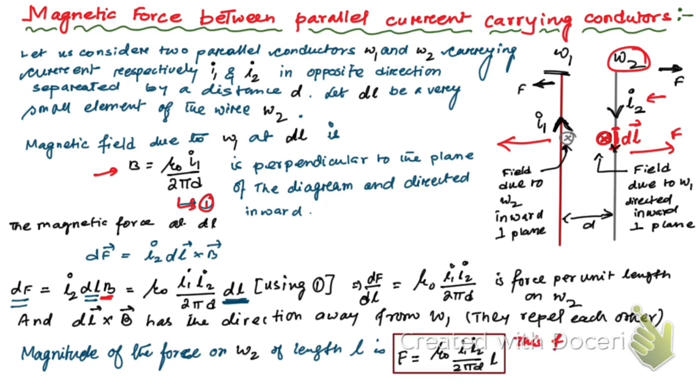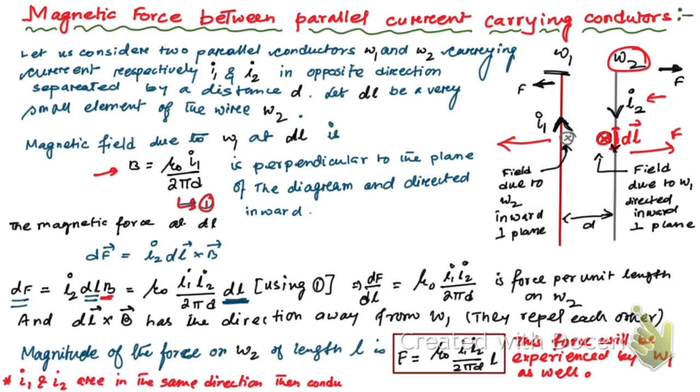And this same force will be experienced by W1 as well, but in the opposite direction. And let me tell you that if I1 and I2 are in the same direction, then they are going to attract each other. The conductors are going to attract each other, right? So hope you have understood this. But in case of opposite directions, they are going to repel each other.